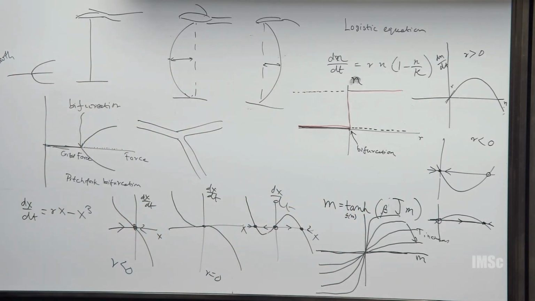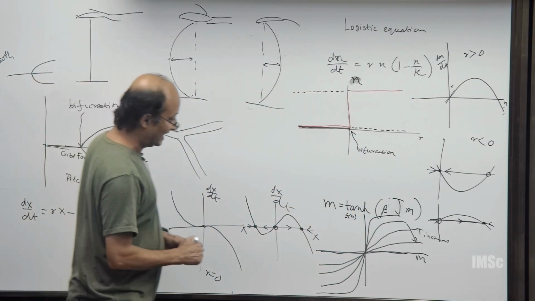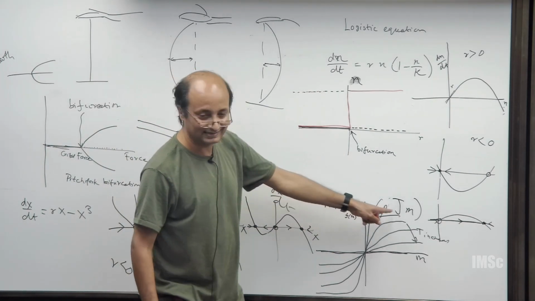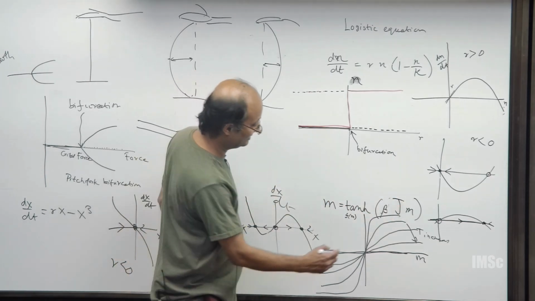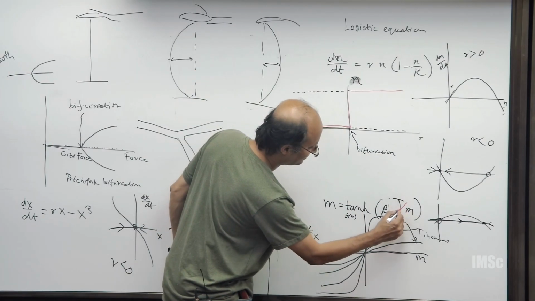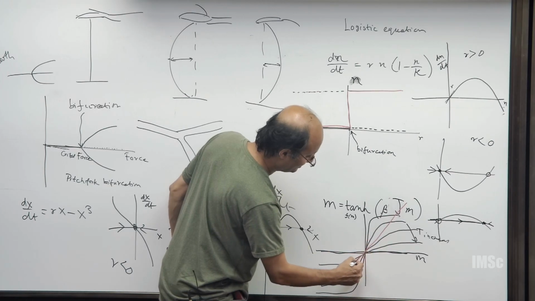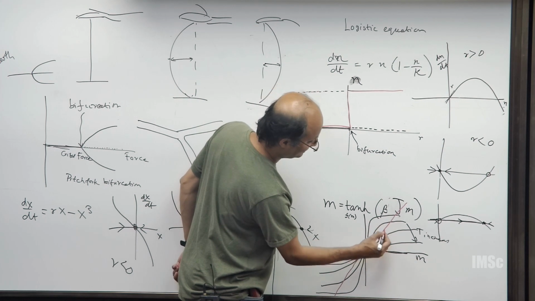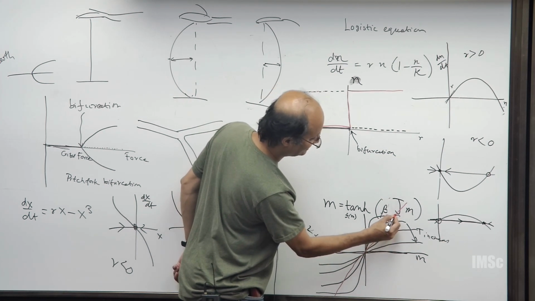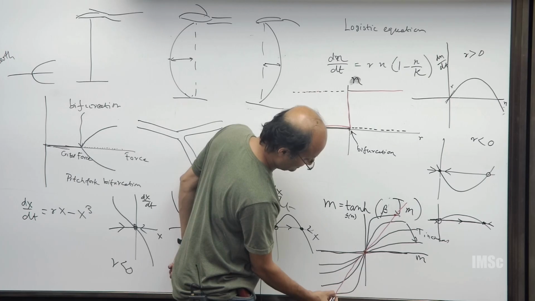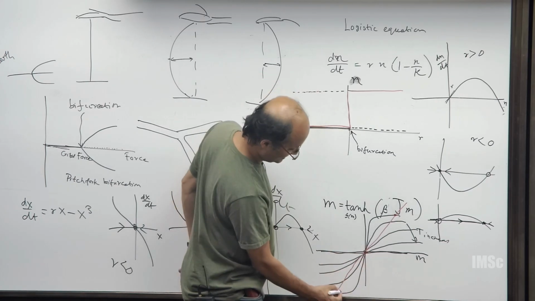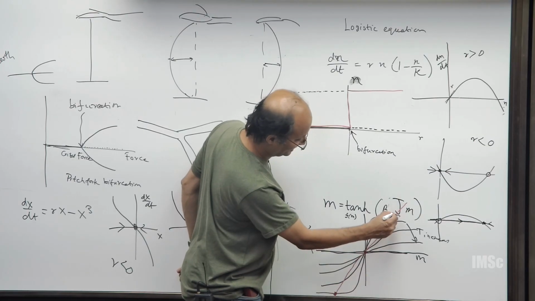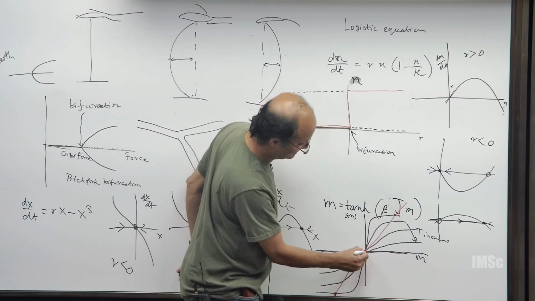Now, how do I find out my equilibria? That is just m equal to f of m, right. So I ask where does m and this tanh of m intersect. So I just draw this line, right. Here you can see there are 3 solutions: the negative finite value of magnetization, positive finite value of magnetization and 0 magnetization.